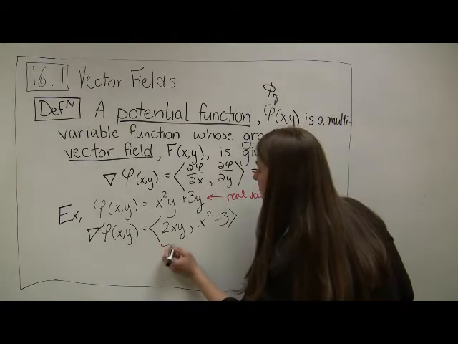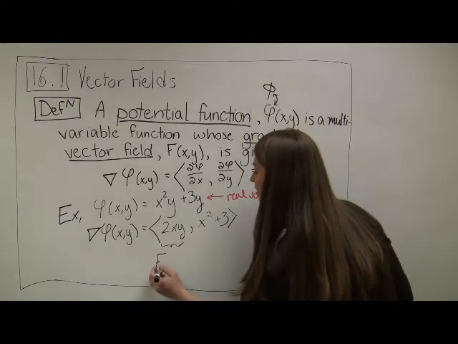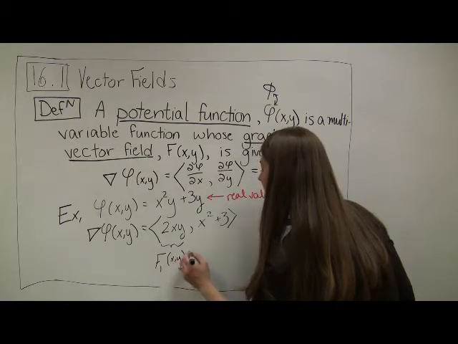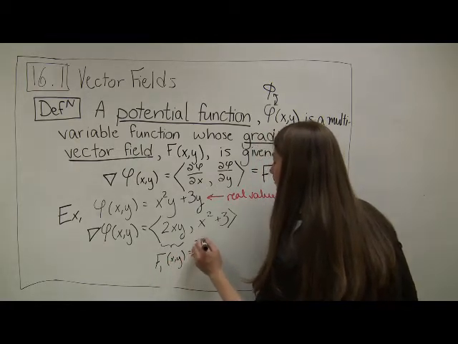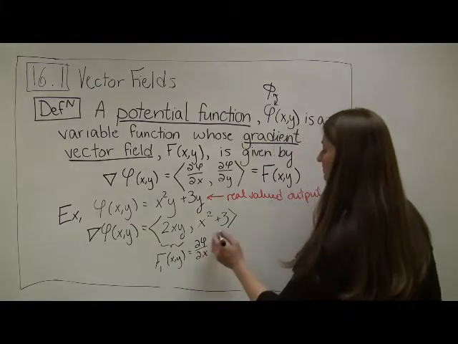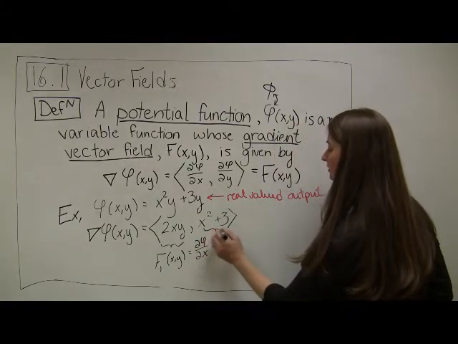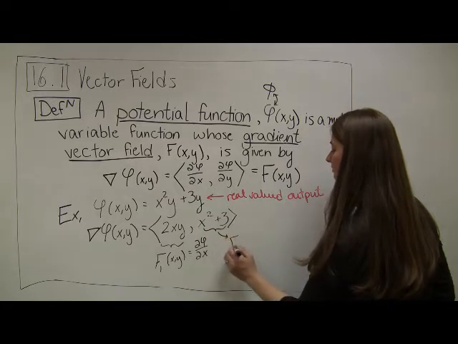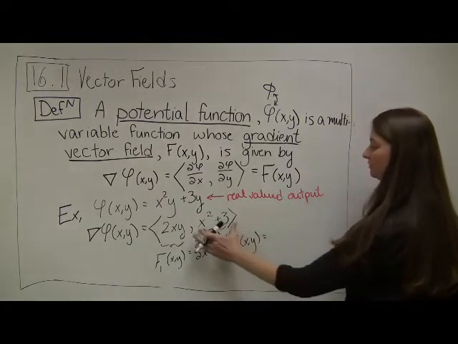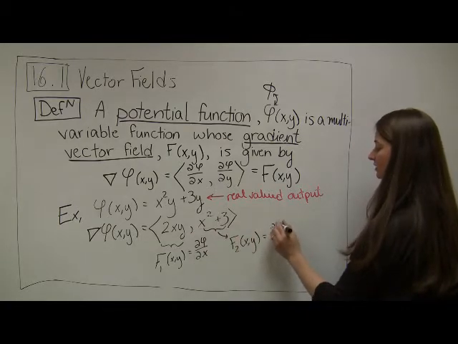So this first component function, I'll write it out using our own notation, f1 of x y is equal to the partial derivative of my phi function with respect to x. And then my second component function, f2 of x y, is the partial derivative of my phi function with respect to y.